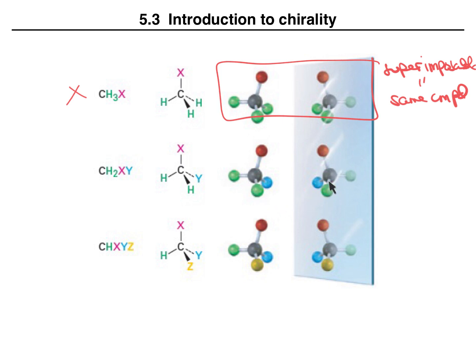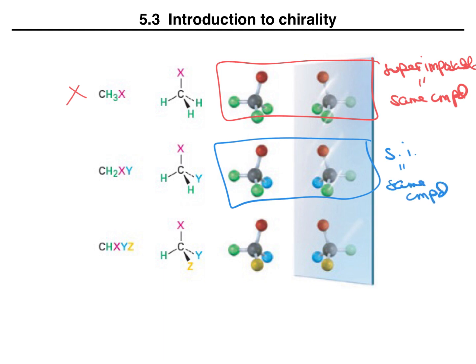Well, if we pick this up and then let's imagine rotating it around here so that we line up this green on this green. This green, we're twisting it around so it lines up on this green. Well, that puts the blue on blue and the red on red. So these two are also superimposable, and so they are the same compound. So this does not possess the quality of handedness.